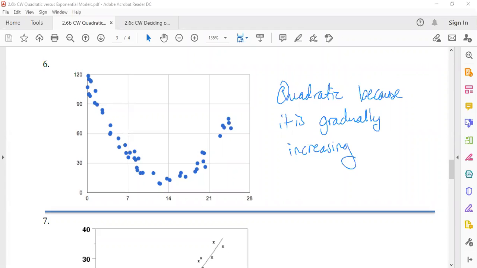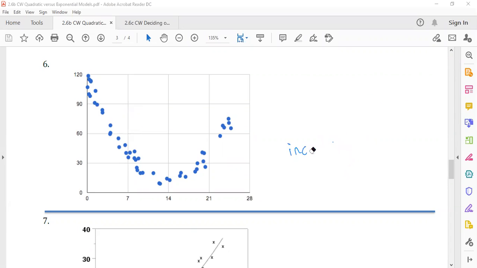Okay, I'm going to relaunch the poll here. Look at the movement of the data. Look at how the points are going, what shape the points are in.